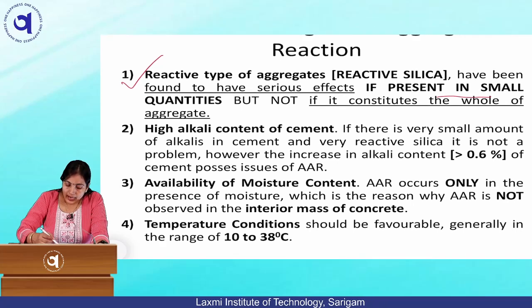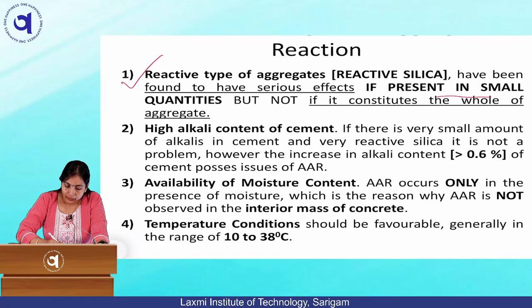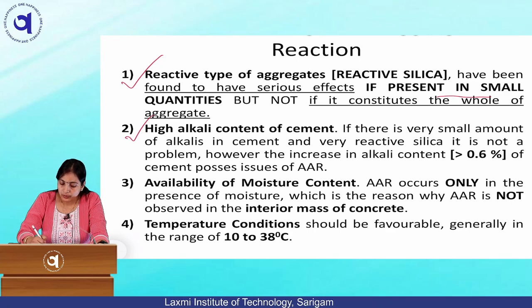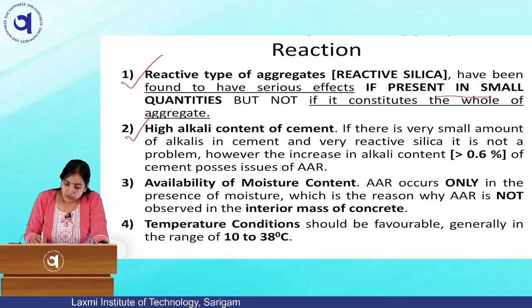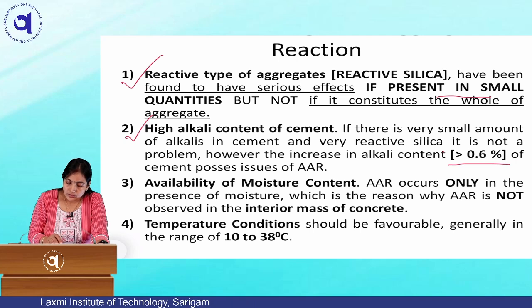Then second is high alkali content of cement. The alkali content should be less than 0.6%, because cement with greater than 0.6% poses the issue of alkali aggregate reaction.